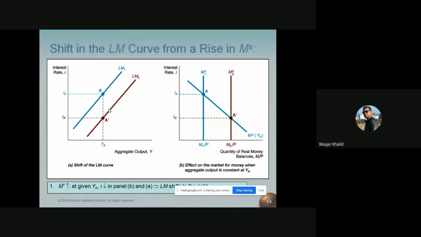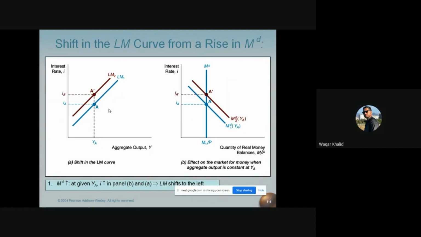An increase in the volatility of bond returns would make bonds riskier relative to money and would increase the quantity of money demanded at any given interest rate, price level, or aggregate output. The resulting autonomous increase in the demand for money shifts the LM curve to the left.